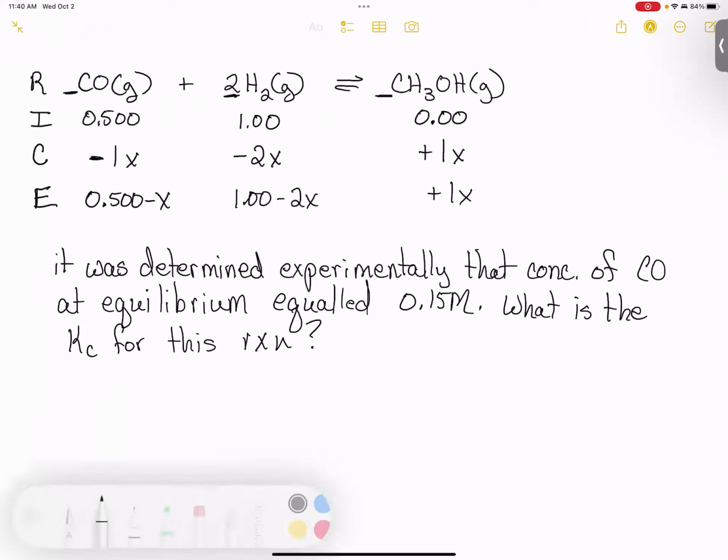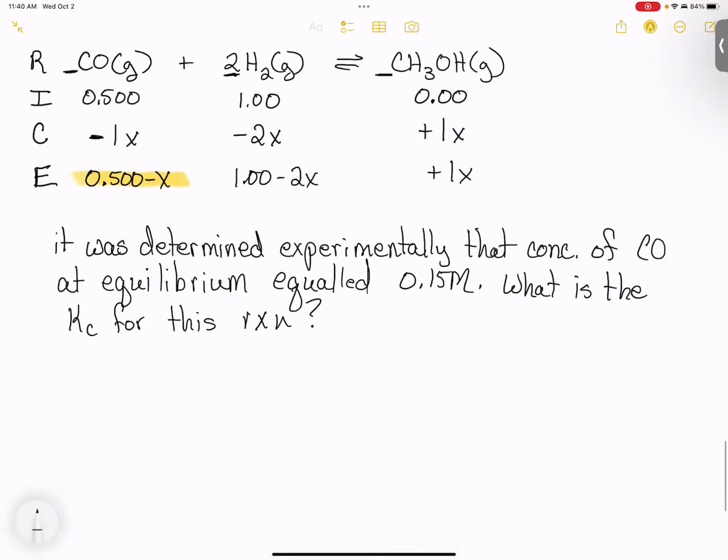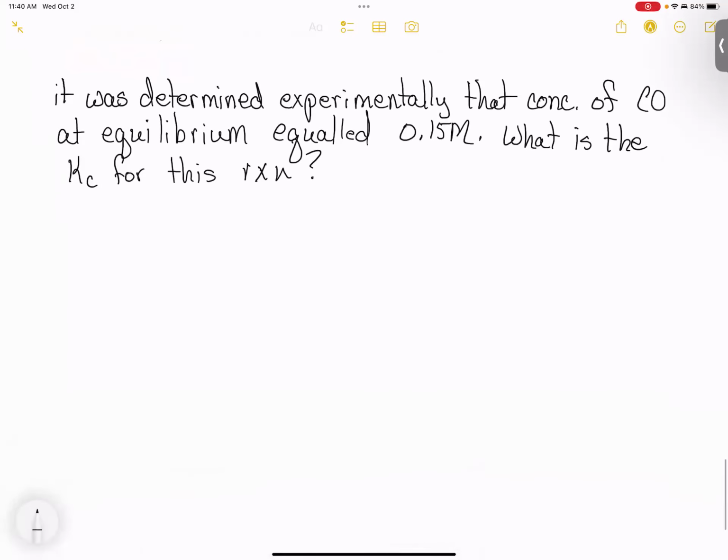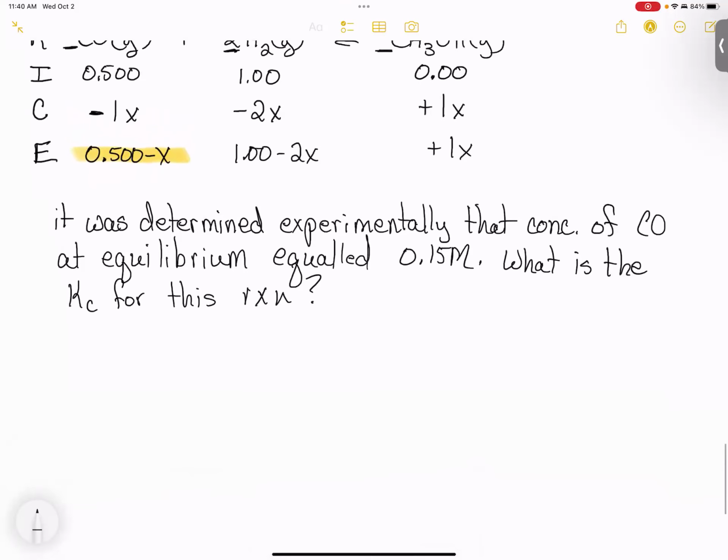Okay. We said at equilibrium, our carbon monoxide was 0.500 minus X. That 0.500 minus X is equal to 0.15 molar.